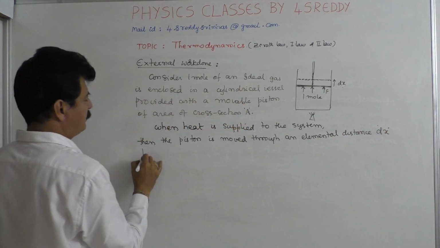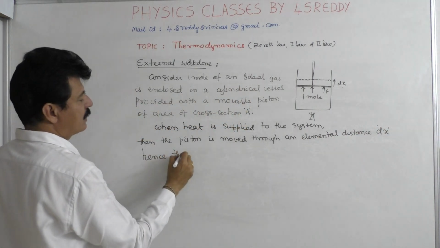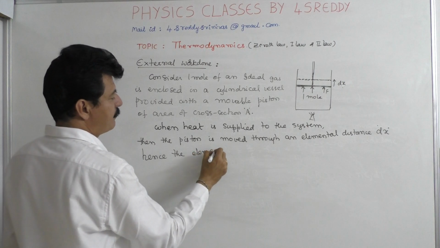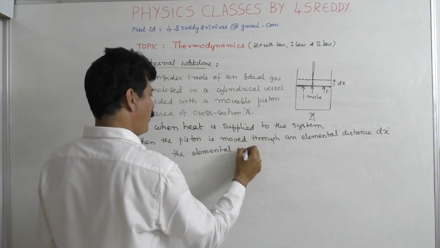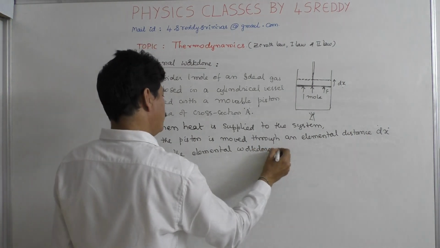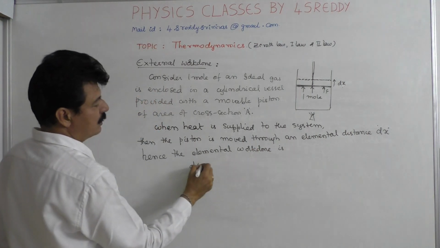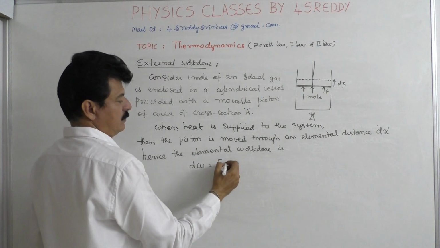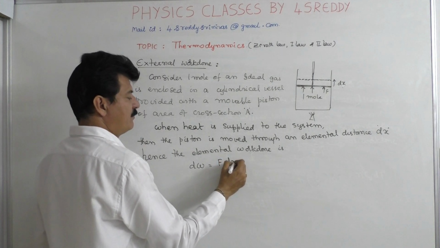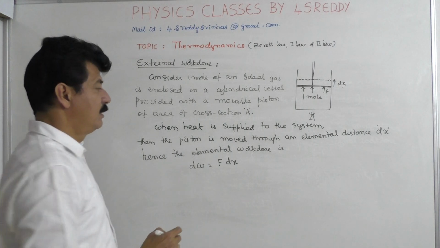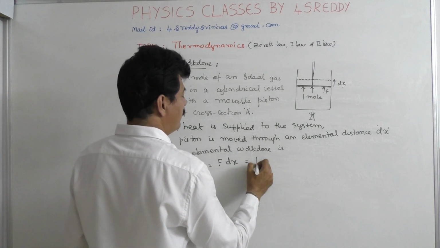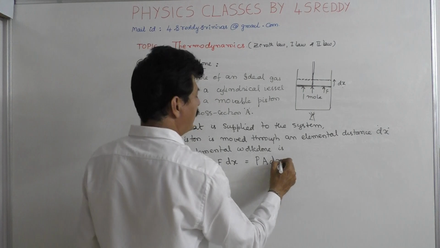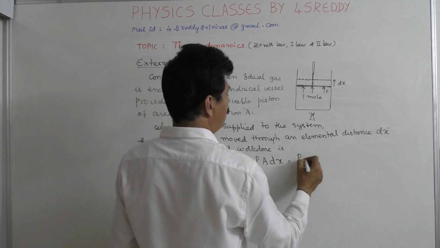Hence, the elemental work done is given by dW is equal to force into dx, that is F into dx. But what is F? From this it is given by F is equal to PA, so dW is PA into dx, or it is P into dV.